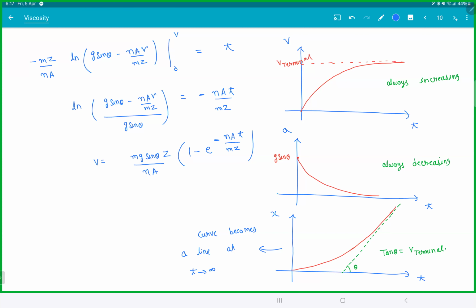How does an AV graph look like? Acceleration V graph. It's actually a straight line. So this point is g sine theta. This point is V terminal. How do I know that?